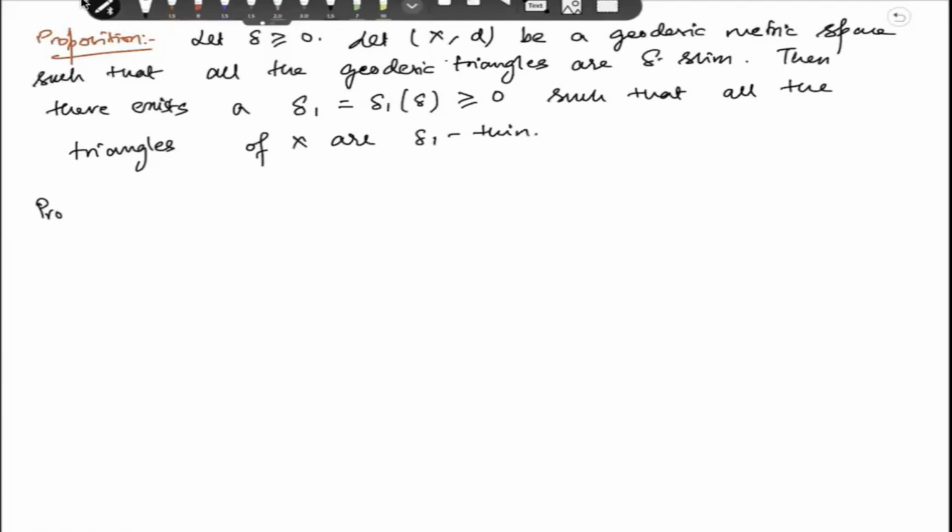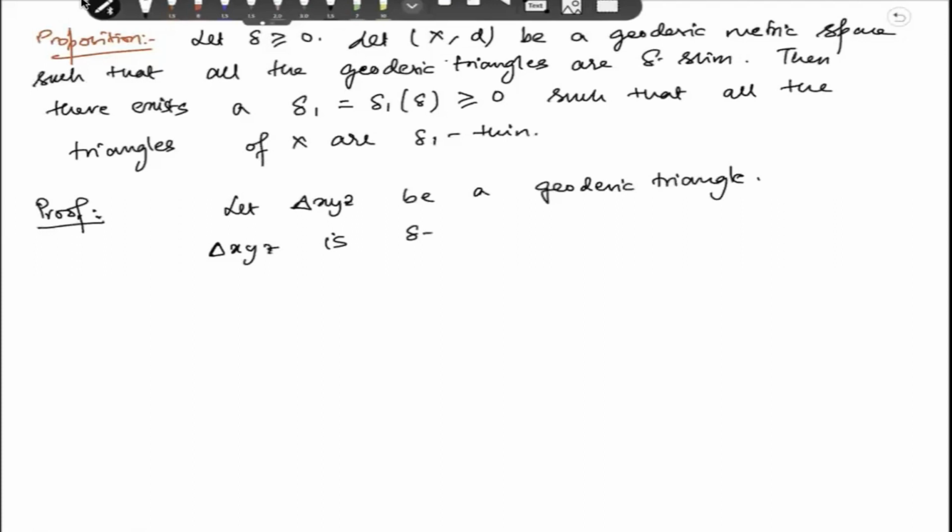Okay, so let us see the proof of this. Let triangle XYZ be a geodesic triangle. And we know from the hypothesis that triangle XYZ is delta slim. Okay, so now let us take this triangle.